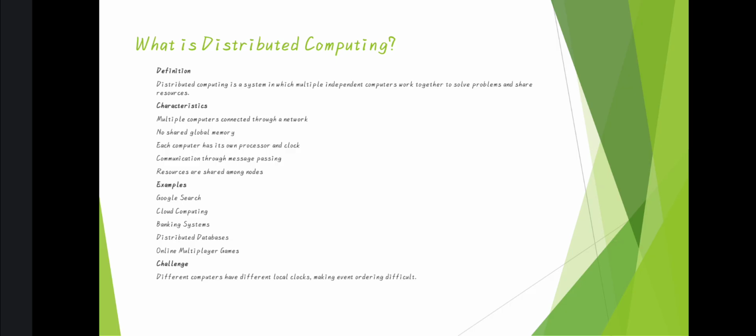The characteristics: multiple computers connected through a network, no shared global memory, each computer has its own processor and clock, communication through message passing, and resources shared among nodes. Challenges: different computers have different local clocks, making event ordering difficult.